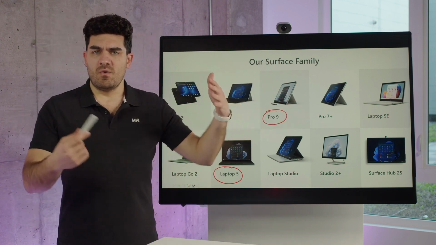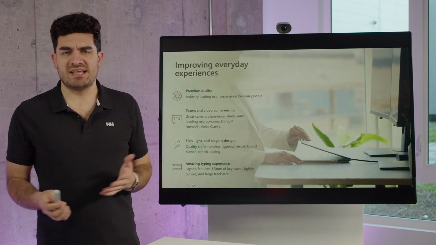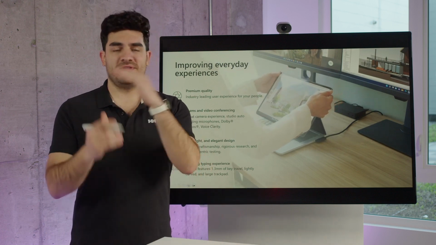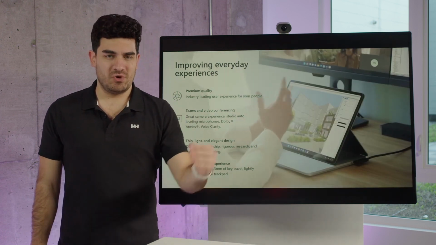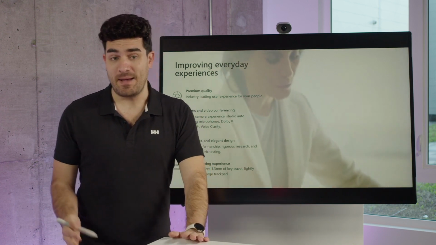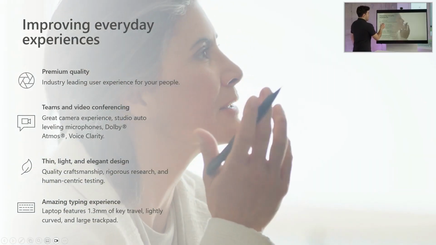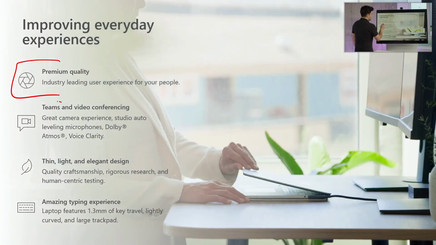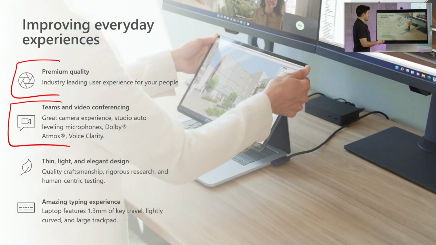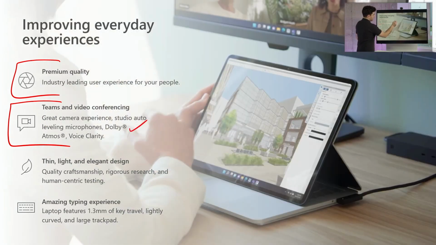That's our family. There are some things that most of these have in common. We want to build devices that do things differently, that are well-built, quality, the best expression of Microsoft, and here's some of the ways that that happens. 1, the build quality itself. 2, the interaction with other people, being seen and heard clearly. Our speakers certified Dolby Atmos.